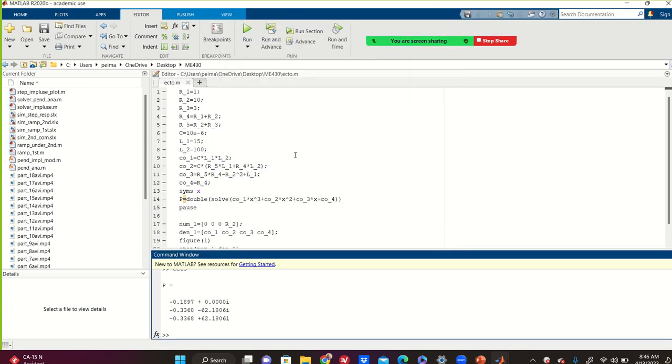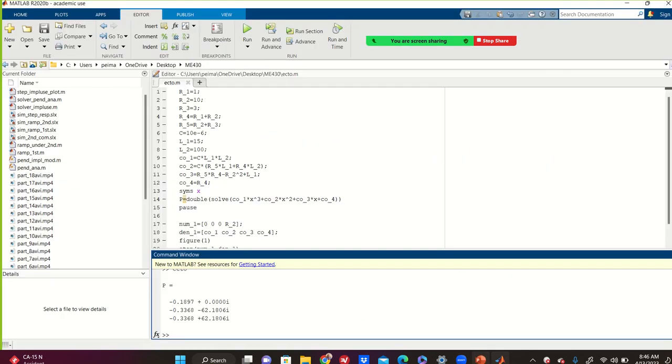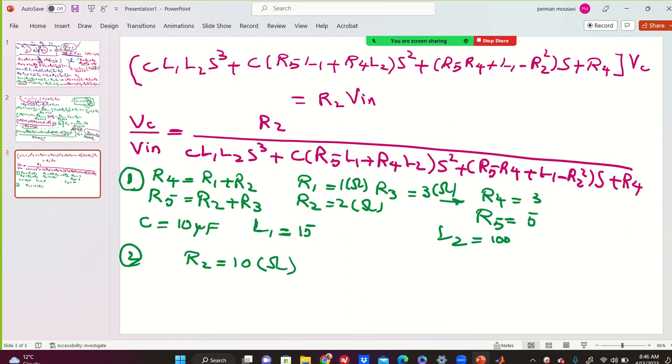But there is some mistake here because the system must become unstable because I selected R4, R5. Oh, I see. I have to select another number.